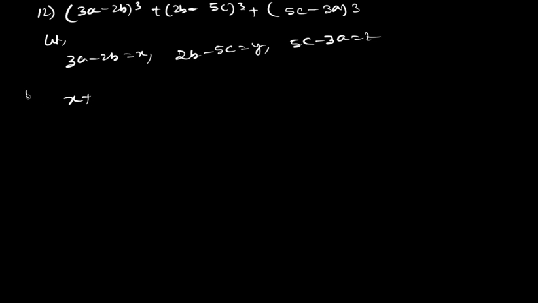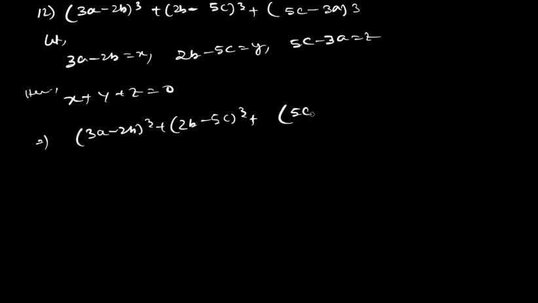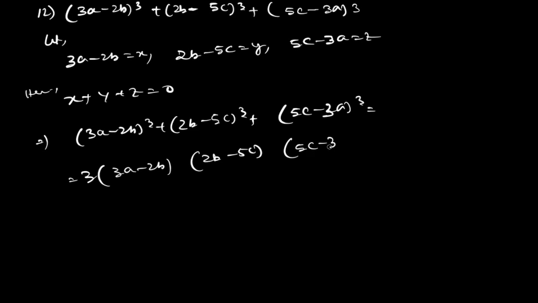So we can see x plus y plus z equals 0. Obviously they will get cancelled, it will give you 0. It means the sum of the cubes is equal to 3 times 3a minus 2b, 2b minus 5c, 5c minus 3a. So that's the answer.